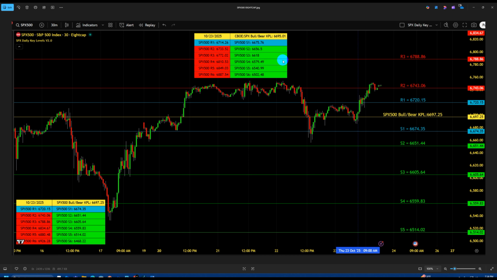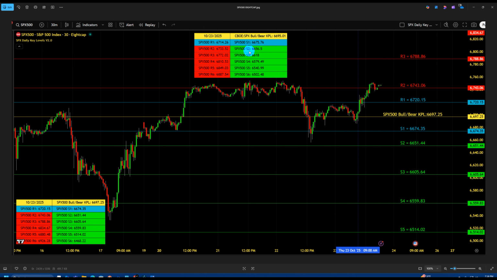So when you have the indicator on the CBOE SPX symbol, you will see the levels for that at 9:30, and they will be the same levels that you see here in this second table. If you have a second chart open on the SPX 500, you will be able to see the same levels via the second chart at 9 a.m. Now the levels shown here on this SPX 500 are specifically for this Forex CFD in this table.